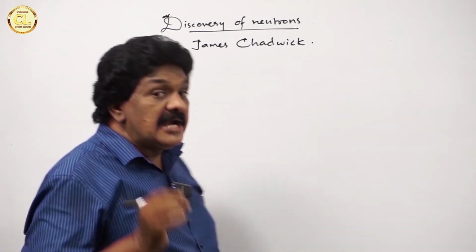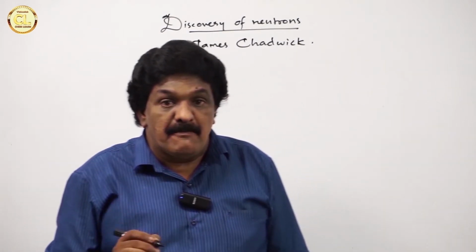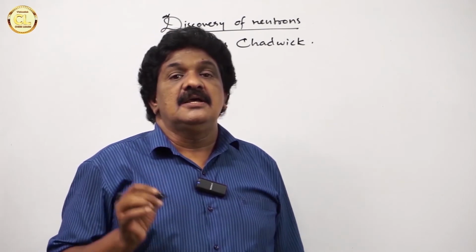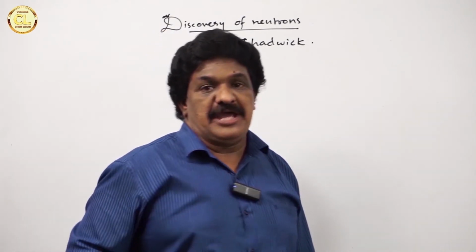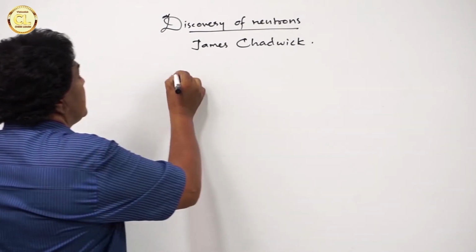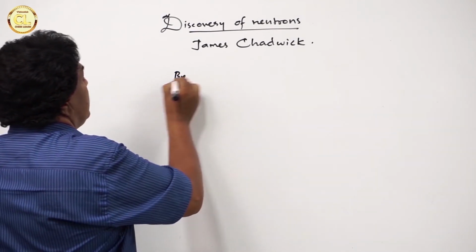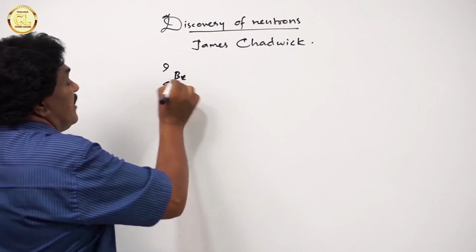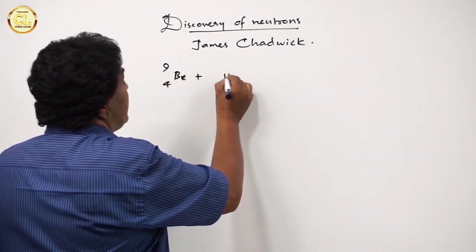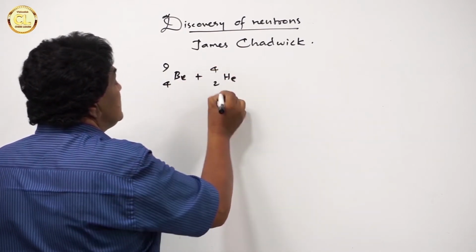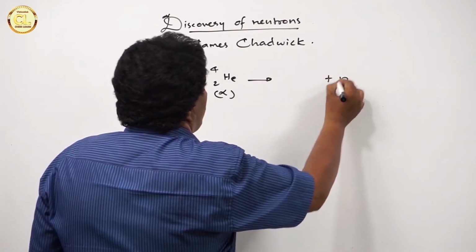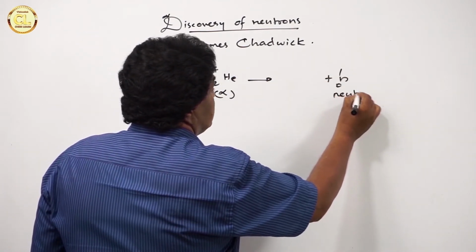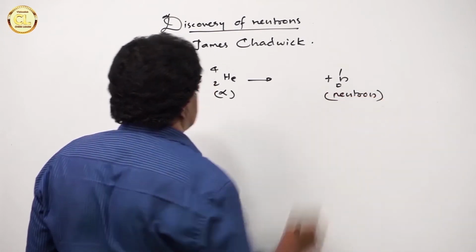When beryllium or boron is bombarded with fast moving alpha particles, neutrons were produced. See, Be-9,4. When Be-9,4 is bombarded with alpha particles, neutrons were produced.